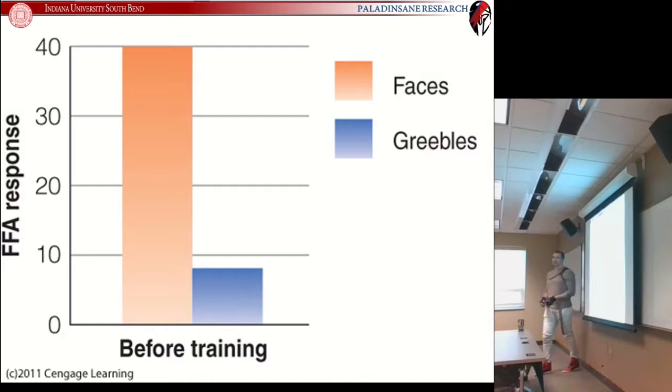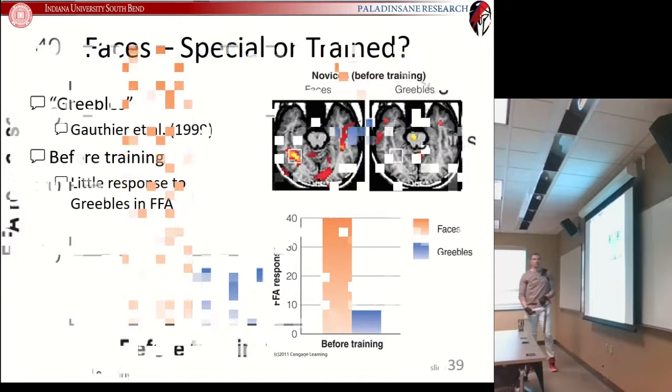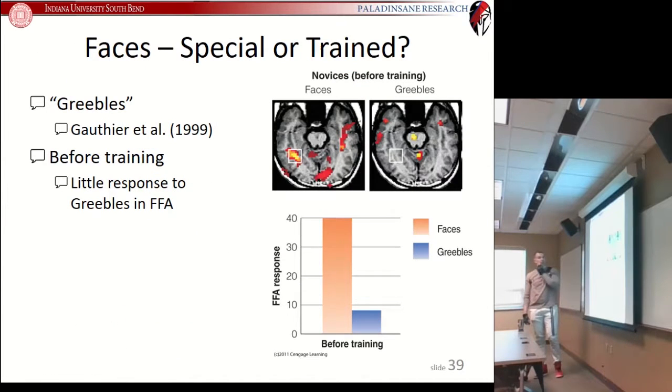This is not surprising, because it is well known that the fusiform face area responds to faces. They were establishing here that before training, this area responds to faces. All the subjects' fusiform face areas are lighting up, but to the Greebles before training, that area is not being used at all.